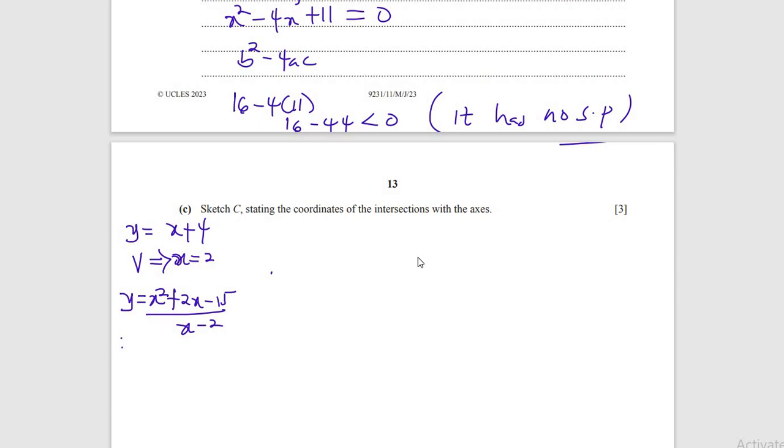For the x-intercept, y will be 0. First, let's find the y-intercept, when x is 0. When x is 0, what is y? y will be minus 15 over 2. When x is 0, y is minus 15 over 2. This will give us the y-intercept.